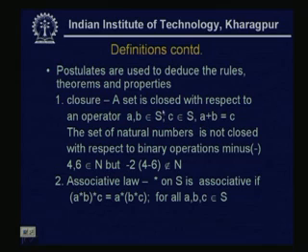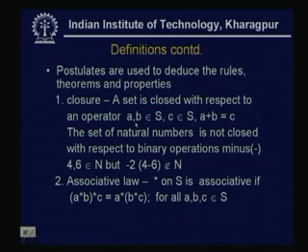A set is closed with respect to an operator if A, B belong to S, C also belongs to S, such that A plus B equals C. That means we are taking three elements from S, A, B, C, and one operator, here plus say.